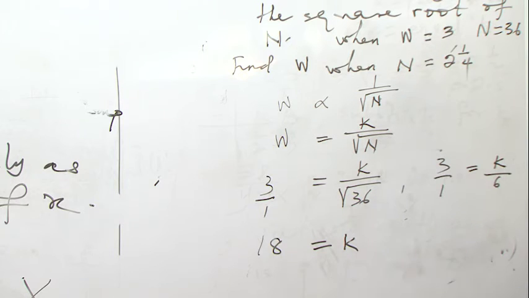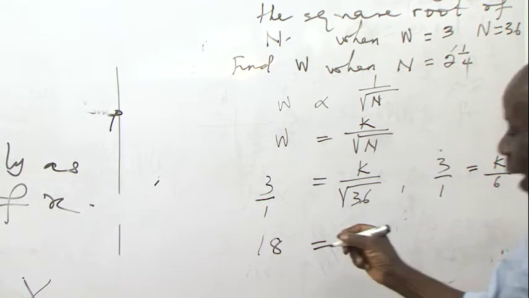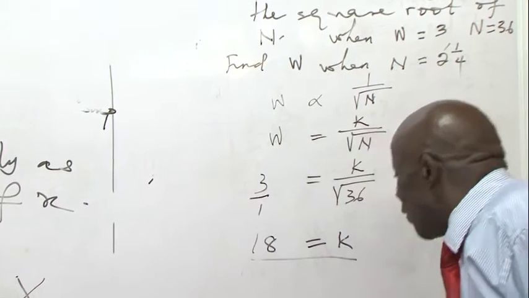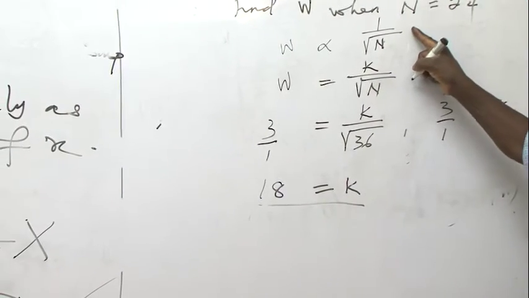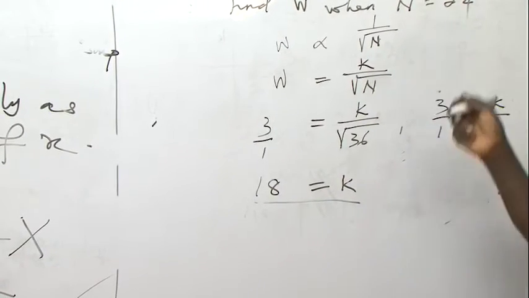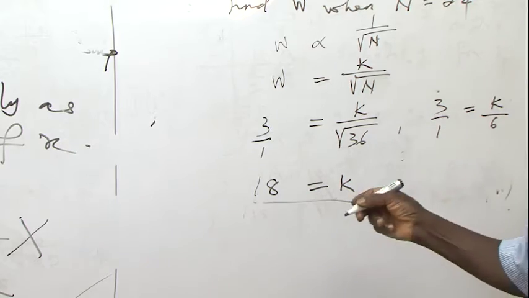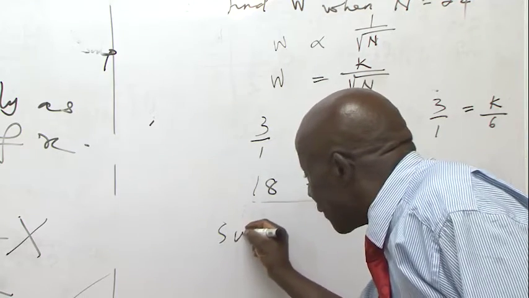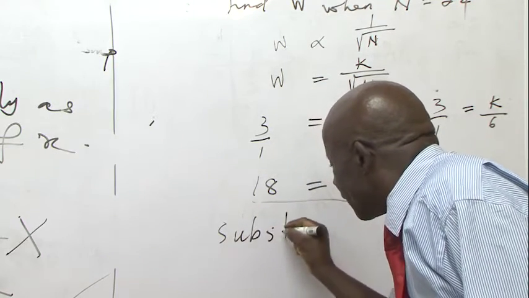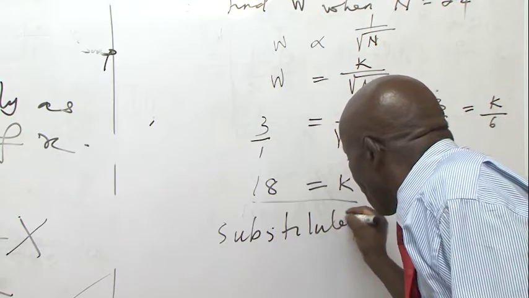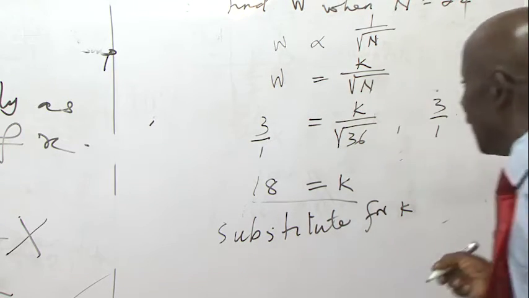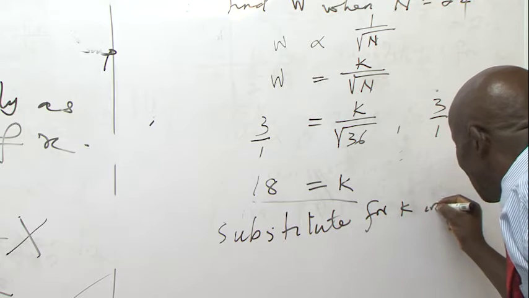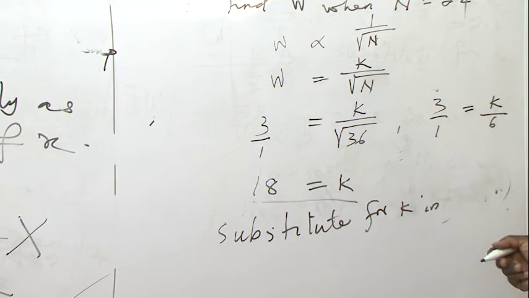K is 18. Now, after knowing the value of K, you go back here, not this place. Substitute for K. Substitute for K in, let me write so that you know what I'm saying.